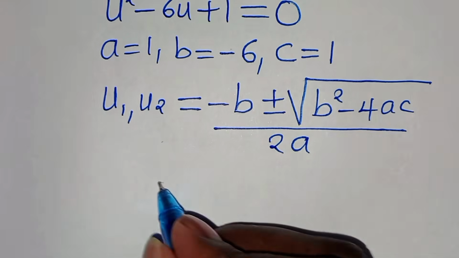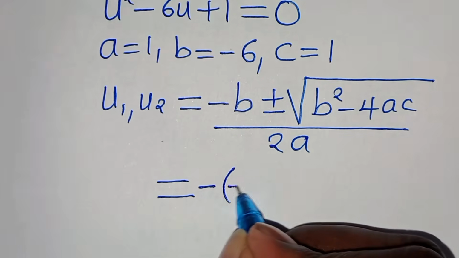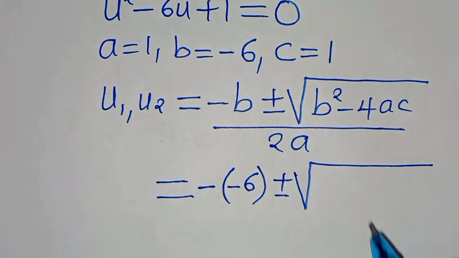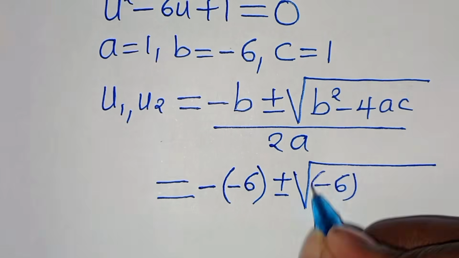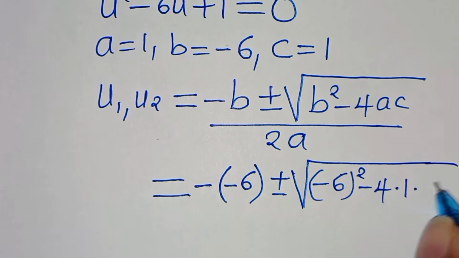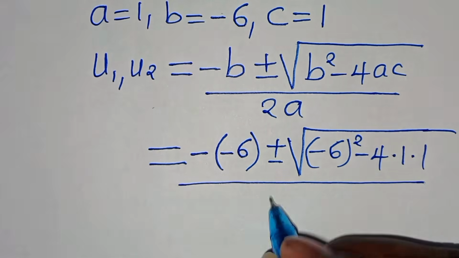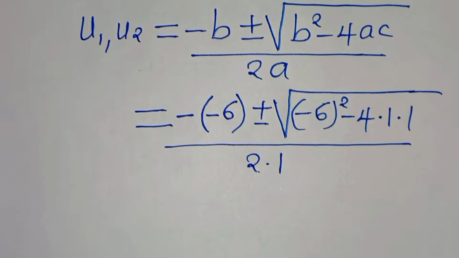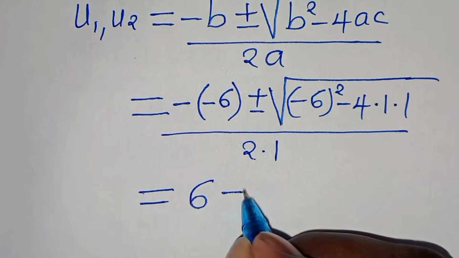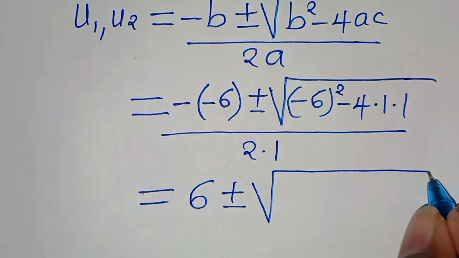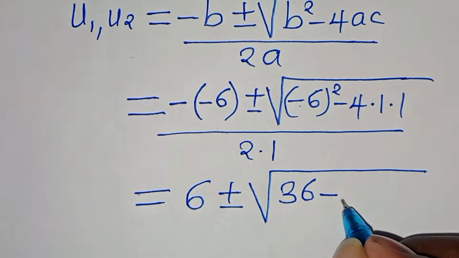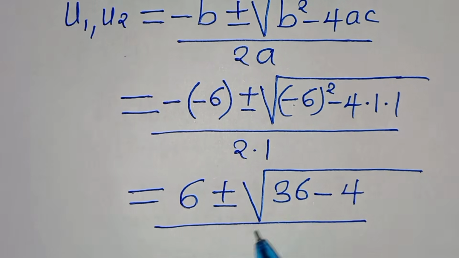This means we have −(−6) ± √((−6)² − 4 × 1 × 1), everything divided by 2 × 1. So −(−6) is equal to 6, plus or minus the square root of (−6)², which is 36, then subtract 4, everything divided by 2.